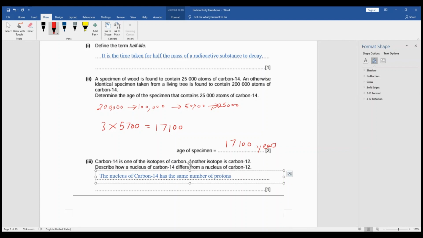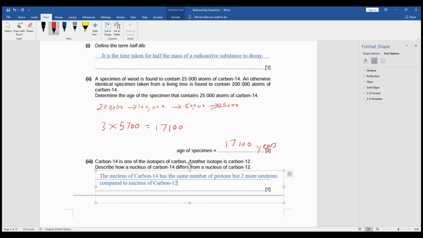If you want to add value, you can say but two more neutrons compared to the nucleus of carbon 12.